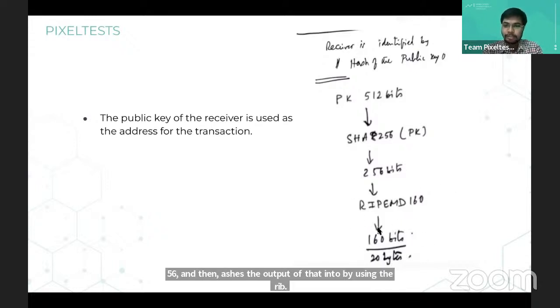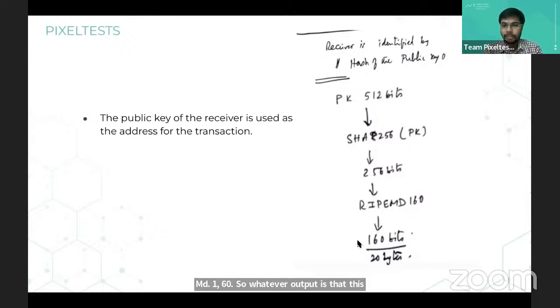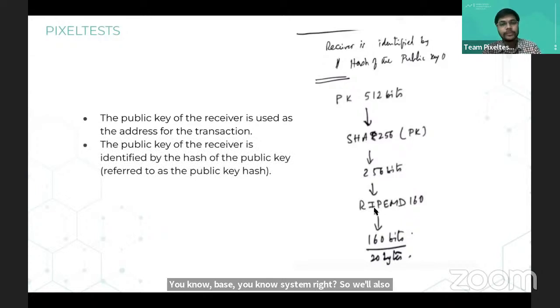Whatever output is there, this 160 bits or 20 bytes, is again converted into a base 58 system, right? So that is more of a wallet address.